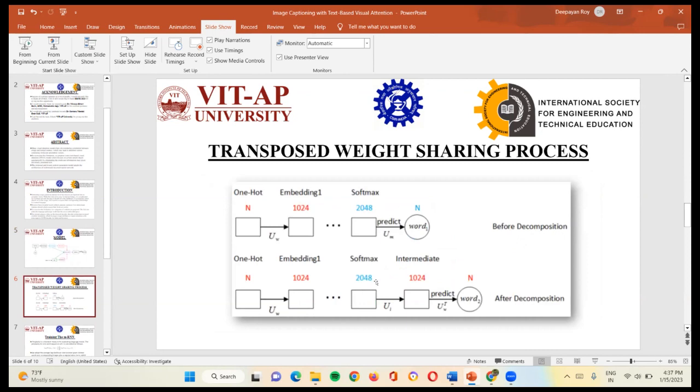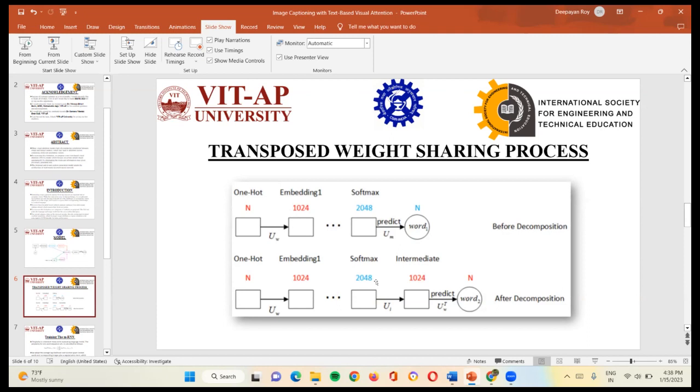This slide is going to show us the transposed weight sharing process. Here, the matrix transforms the one-hot word vector into a 1024 dimension vector, while the role of the other matrix is to decode the 2048 dimension dense multimodal vector back to a one-hot vector.